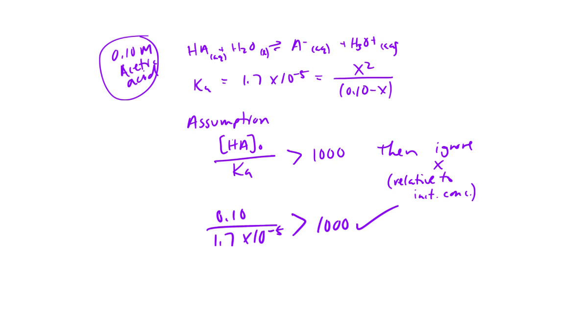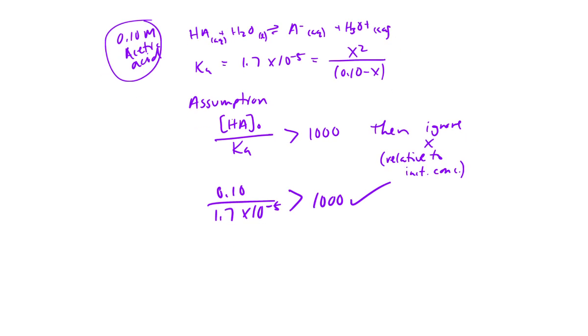So back in our Ka expression, this becomes 1.7 times 10 to the minus 5 equals x squared divided by 0.1. We're getting rid of the x in the denominator, in the parentheses.